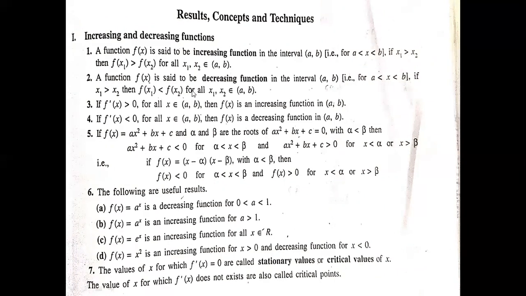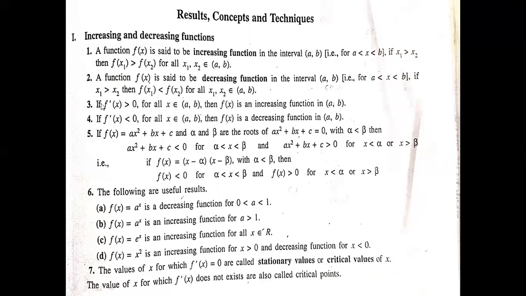And the function f of x is said to be a decreasing function in the interval a comma b, that is a less than x less than b, if x1 greater than x2, then f of x1 less than f of x2. See here, for an increasing function, if x1 greater than x2, f of x1 greater than f of x2. For a decreasing function, if x1 greater than x2, f of x1 less than f of x2 for all x1, x2 belonging to the interval a comma b.